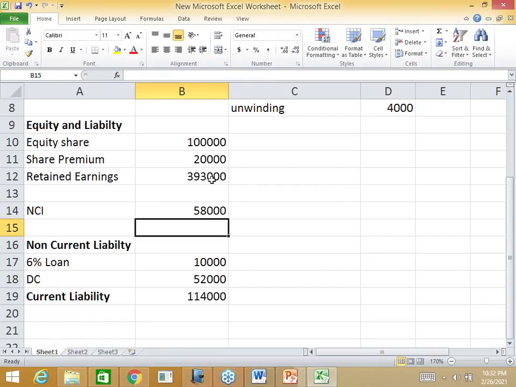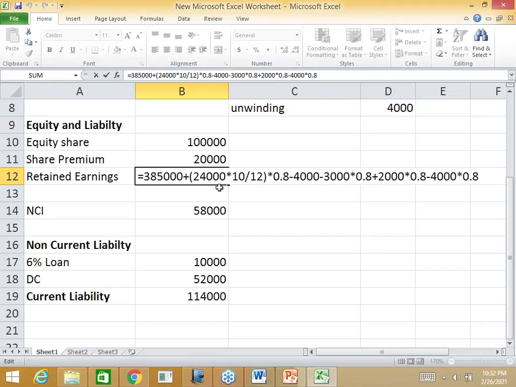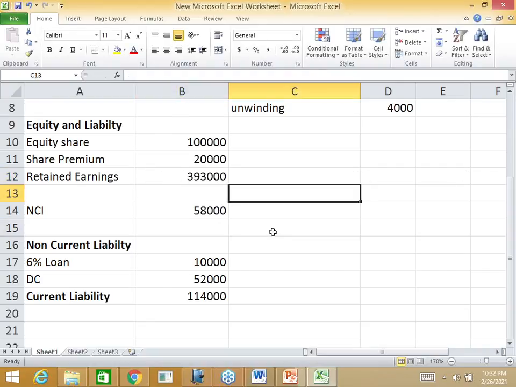So whatever amount was distributed to the group with 80%, the 20% of that will also be shared with NCI.